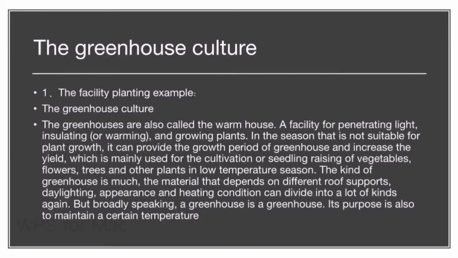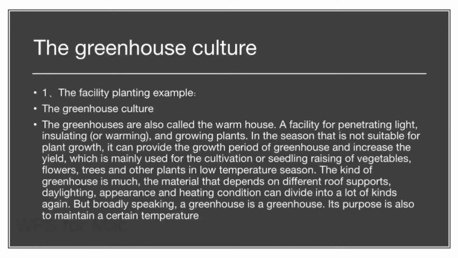Next, the greenhouse culture. The greenhouse, also called the farmhouse, is a facility for penetrating light, insulating or warming, and growing plants. In the season that is not suited for plant growth, it can extend the growth period and increase the yield.